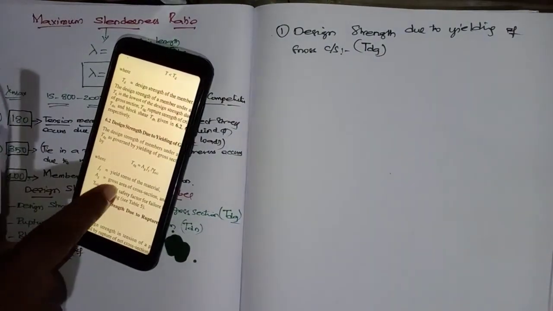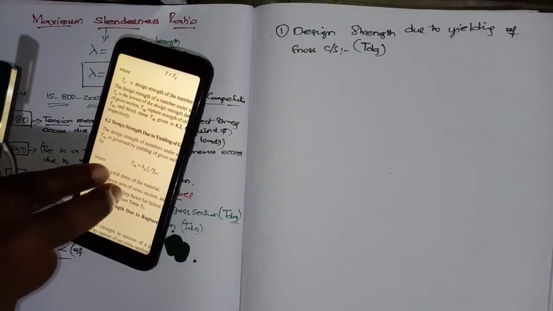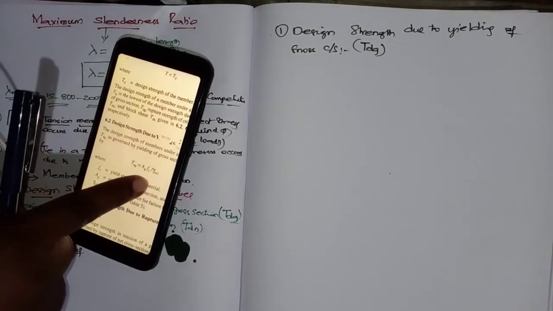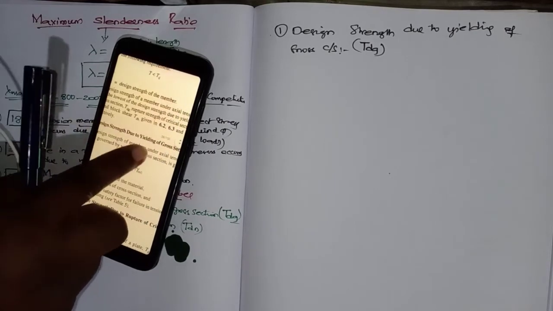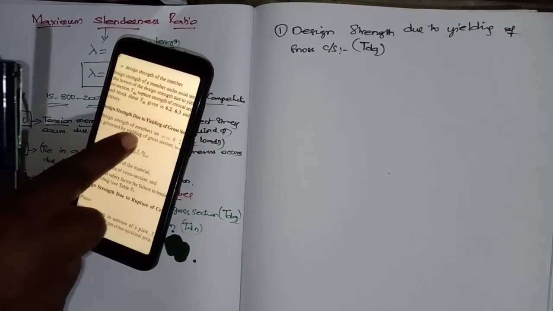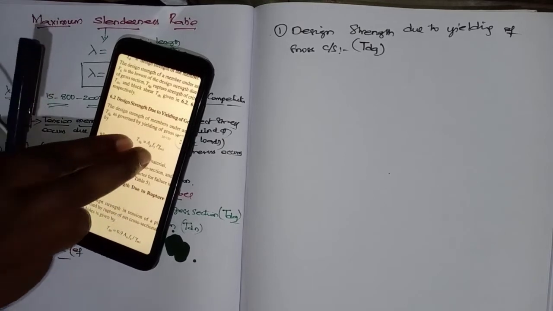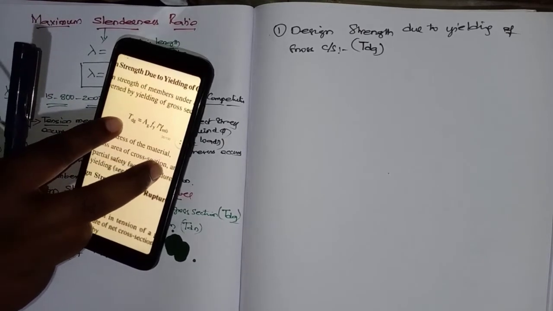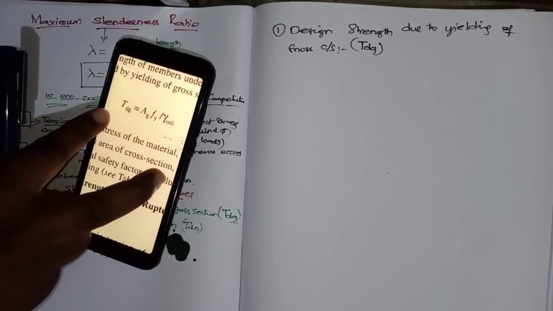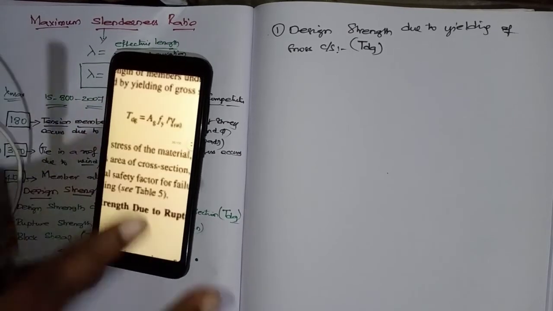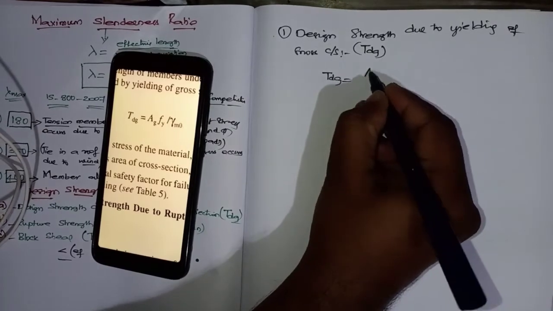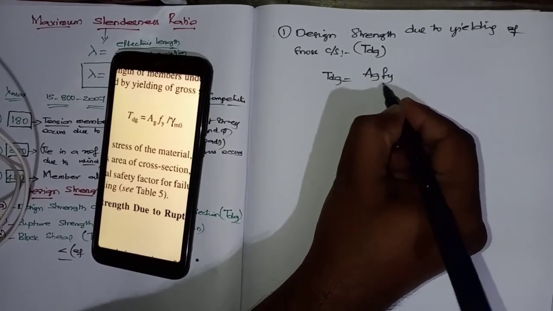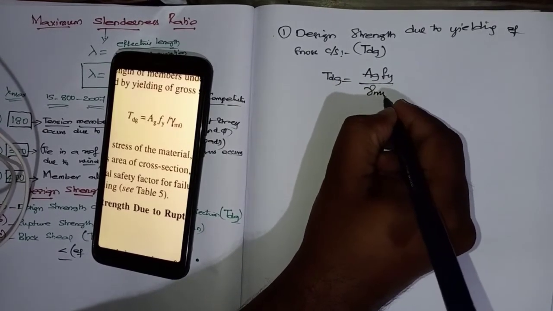Okay, now this is what? Design strength due to yielding of what? Gross section. For that, see, this is the formula. Okay, that is TDG equals AG Fy by gamma m0.